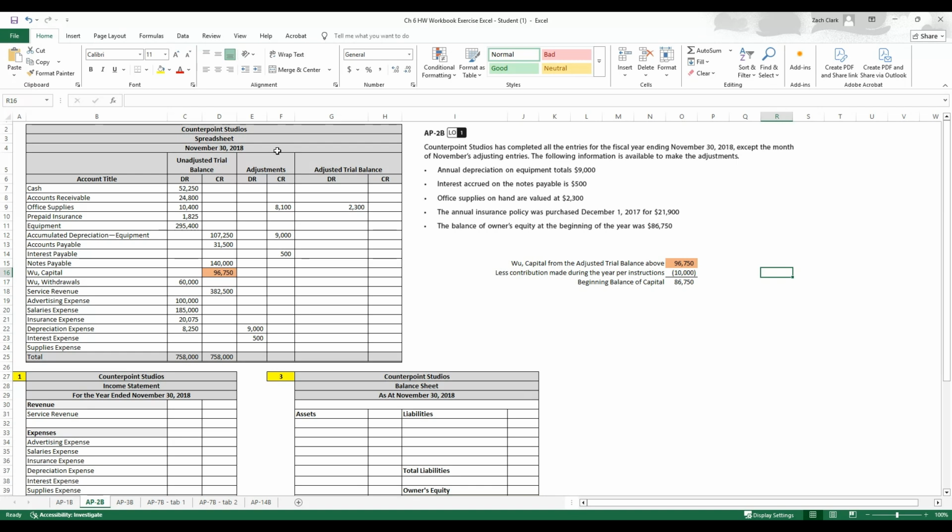So we're at November 30th. Let's do a little math here. Let's do a little analysis. So if the balance of our annual insurance was purchased, and it says annual, so we can take that to be 12 months, was purchased on December 1st.